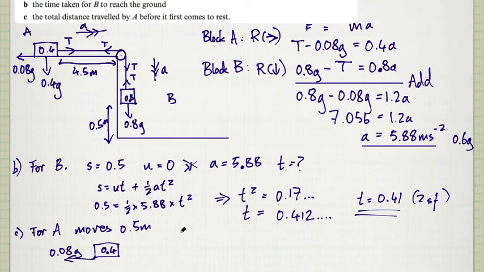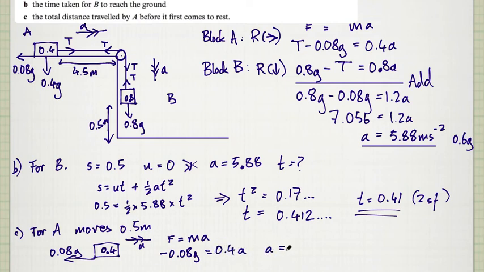So if we think about, first of all, the acceleration at this point, F equals ma again. Force is acting on this. Again, let's treat the acceleration as going forwards. So the force is minus 0.08 g is the mass times the acceleration, so 0.4a.